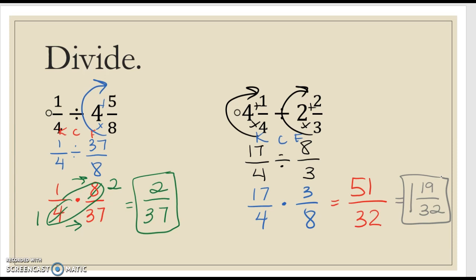Division, we've got to change our mixed numbers into improper fractions, then do keep, change, flip, then look for our cross-canceling. So once that division problem has been turned into a multiplication, that's when we can look to cross-cancel. So feel free to review any part of this video again, rewatch any walking through the problems, and good luck studying.